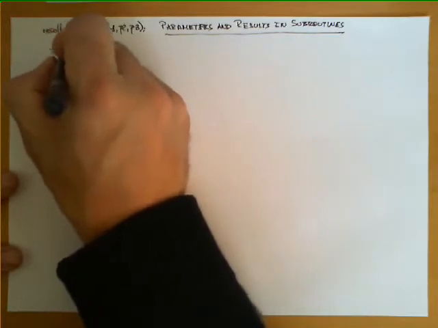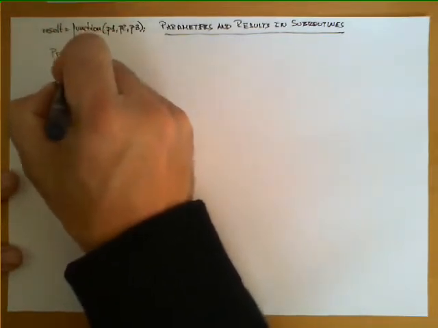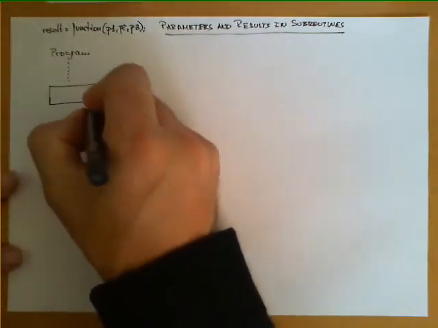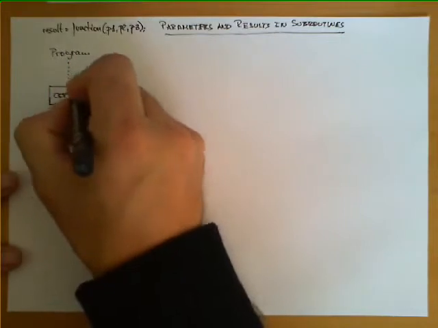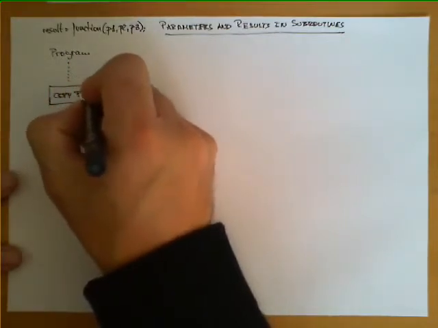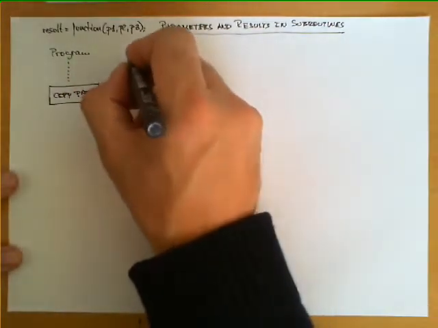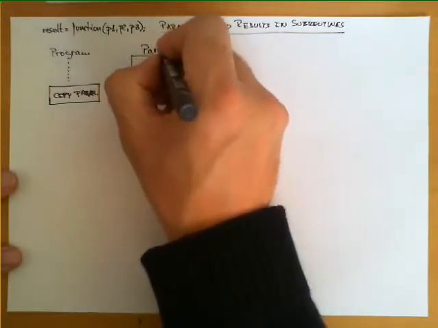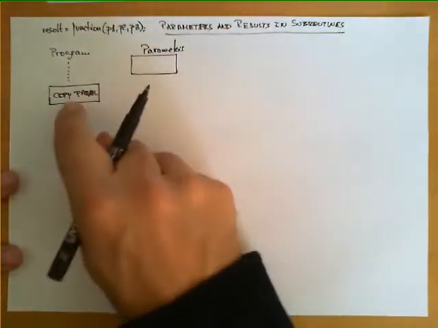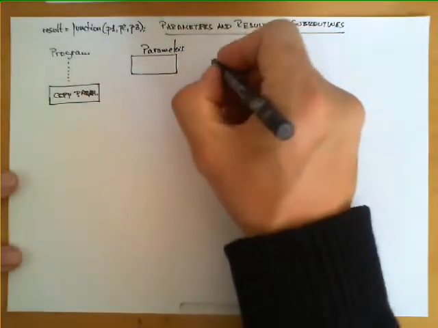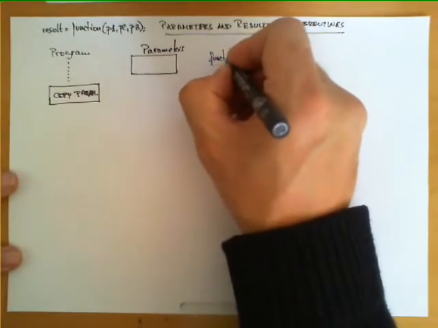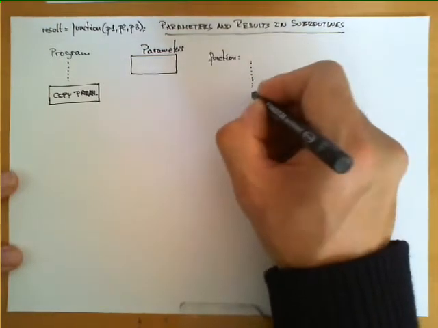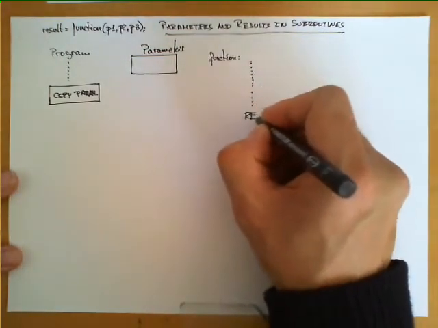We have the program, few instructions, and then at some point there should be some additional instructions in this program to copy the parameters to an area that needs to be defined, and that area has to be accessible both by the program and the subroutine. We're going to call this subroutine function, as we said, and it has its own instructions here, its own calculations, and finally we finish with the instruction read.